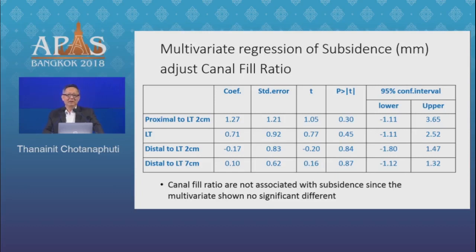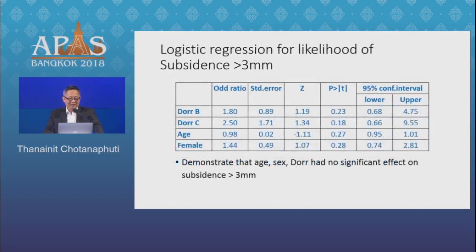Even if you measure the more proximal fit, at the lesser trochanter, or distal 2 centimeters from the lesser trochanter, or 7 centimeters from the lesser trochanter. And we consider the logistic regression to analyze what is the factor of the 3 millimeter subsidence.